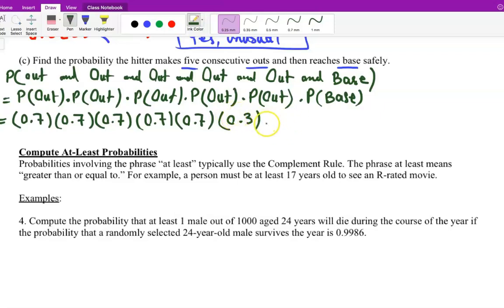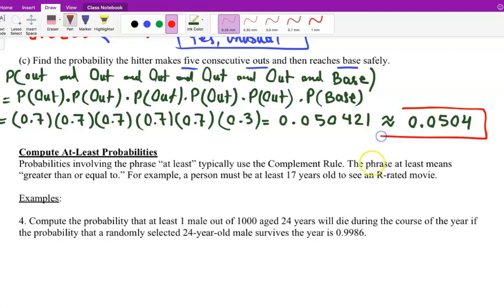Okay, so that is equal to, multiplying all these numbers, 0.050421, and we should round it, so that is 0.0504. So this is the answer for part C.